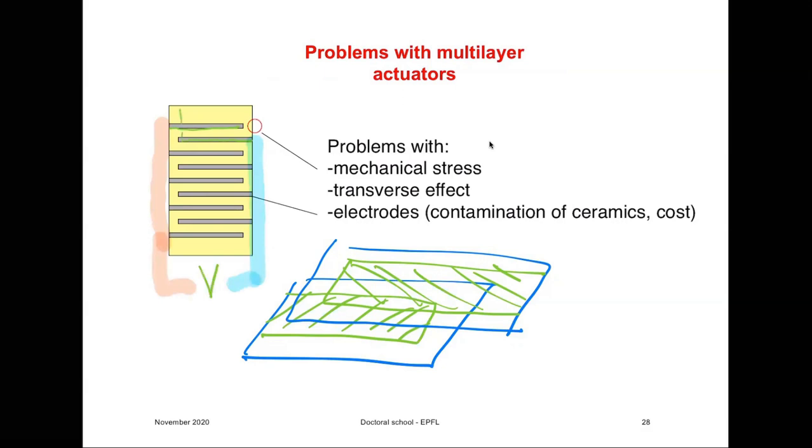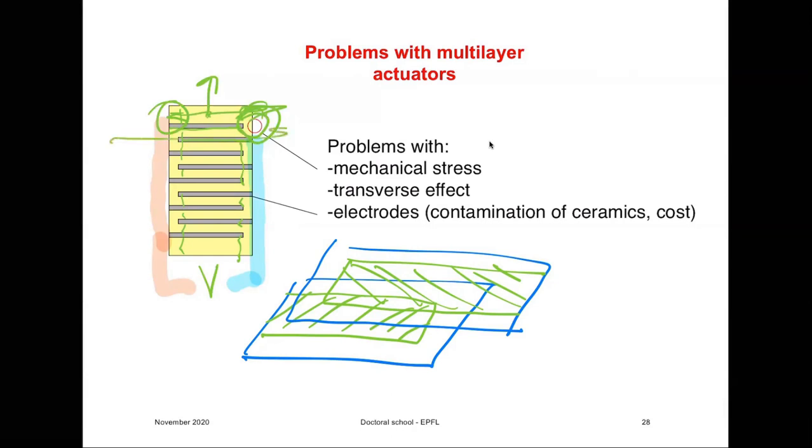So only this part of the ceramic would be under the field and would extend, or whatever it does under the field, while these other parts will be subjected to a lot of stresses, and that is where actuators may easily fail, break. So those are weak points, the parts that don't follow the field. So here you will have a large strain, and not here, and that difference in strain, that strain gradient, would break them.